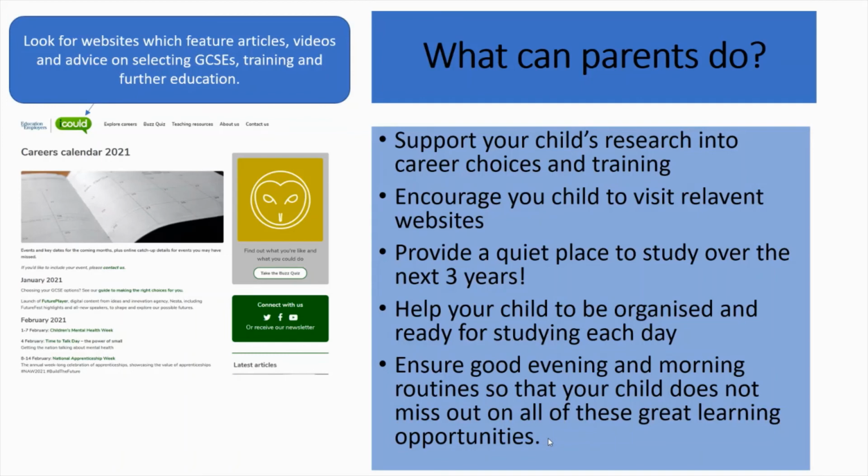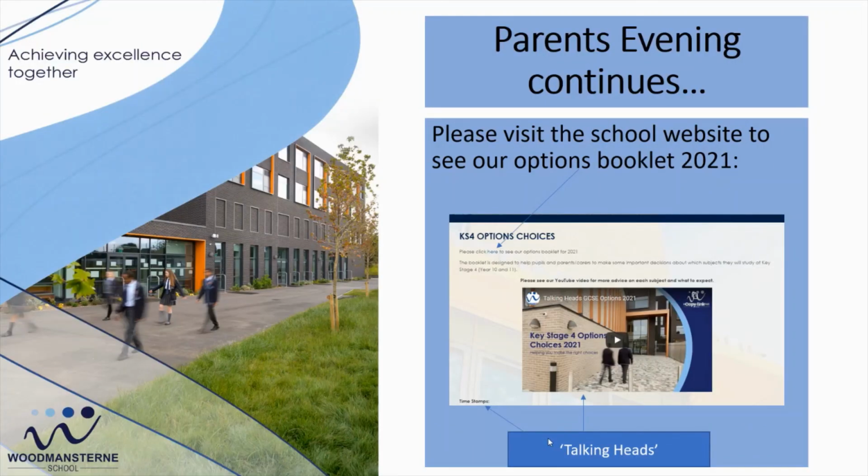There's a couple of ideas here, including just providing a really nice quiet space for your child to study, encouraging them to meet the deadlines, to visit relevant websites and talk to their teachers and you about their thinking process around the options choices.